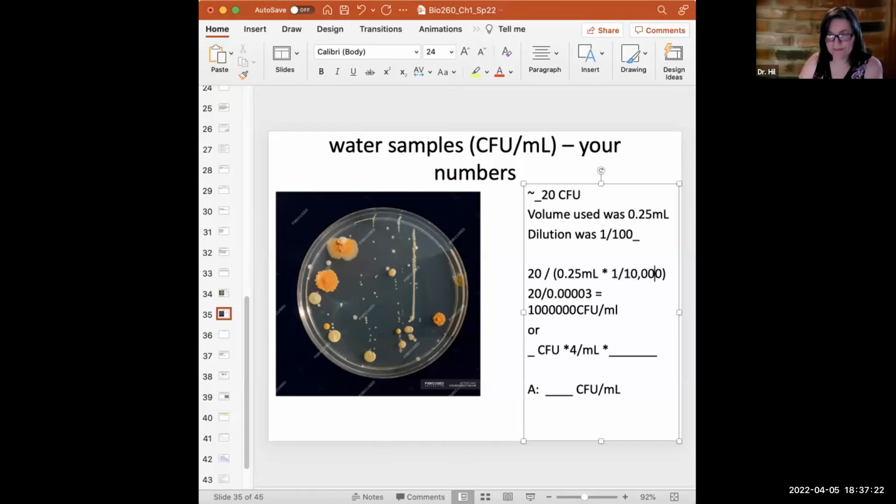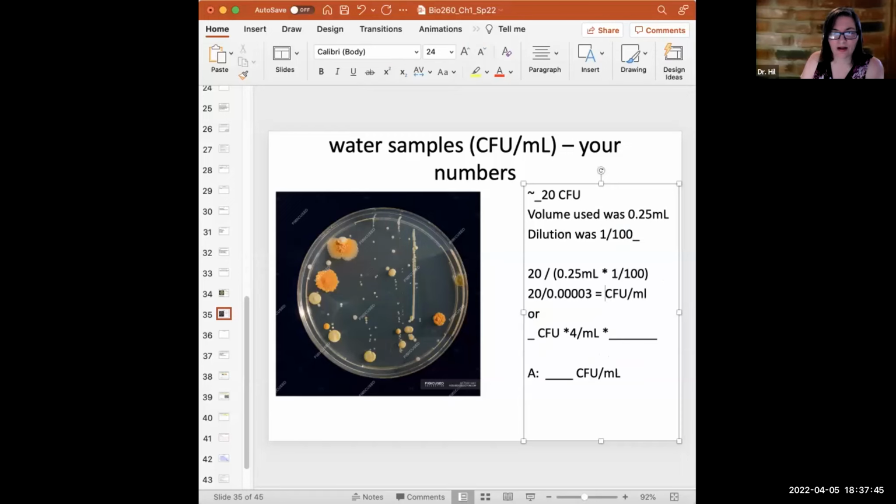Okie dokie. So that is going to be a smaller number than this. 0.25 divided by 100 is going to be 0.025, right?